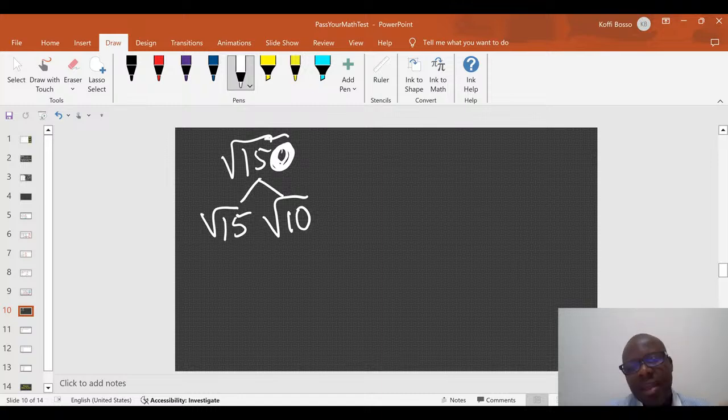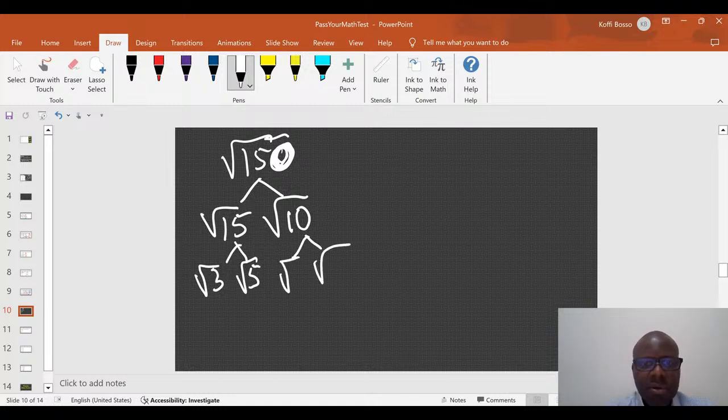So this time, it's not that I have one number as a perfect square, but it's another method. Okay, so square root of 15 is possible again to break down. I can use the square root of 3 multiplied by square root of 5. Yes, and the square root of 10 also I can break down. I can use square root of 5 and the square root of 2. Okay, I cannot break it down anymore. But now let's see what's going to happen.